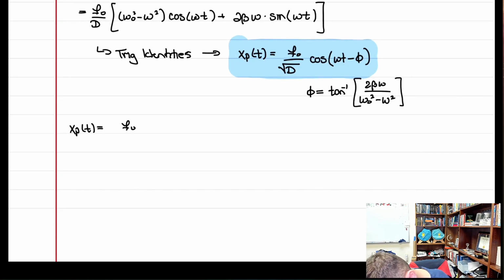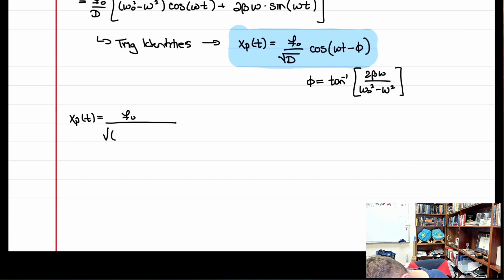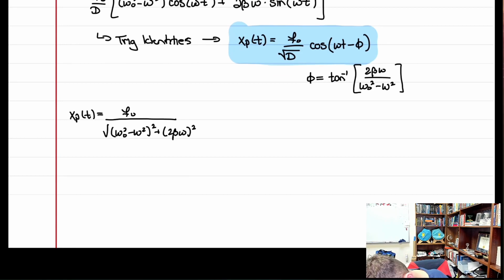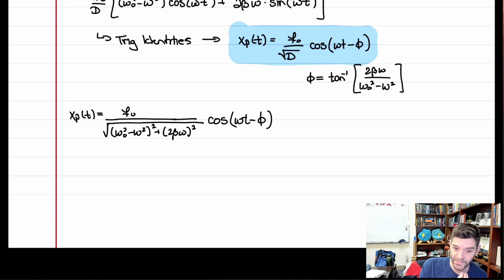All right, so it looks like we got F naught all over the square root of omega naught squared minus omega squared, all squared, plus 2 beta omega, all squared. That entire thing is in the square root, and that's all being multiplied by cosine of omega, the driving frequency, omega t minus phi, where phi is just some phase angle. Give me beta, give me omega naught, I can plug those numbers in, get an angle.